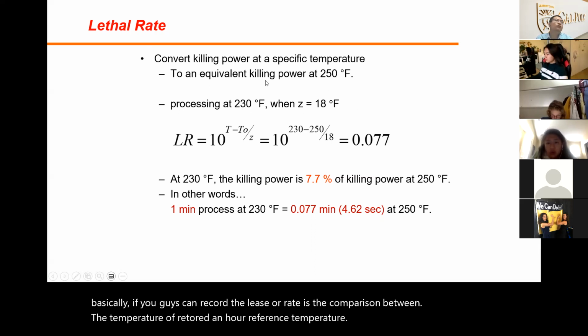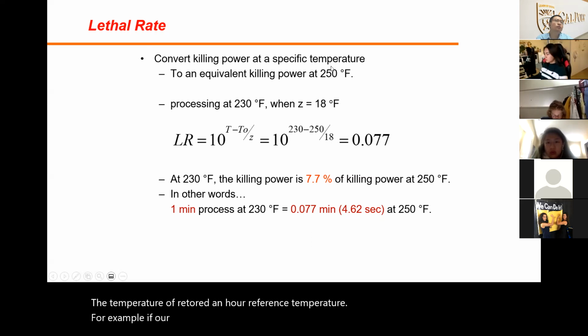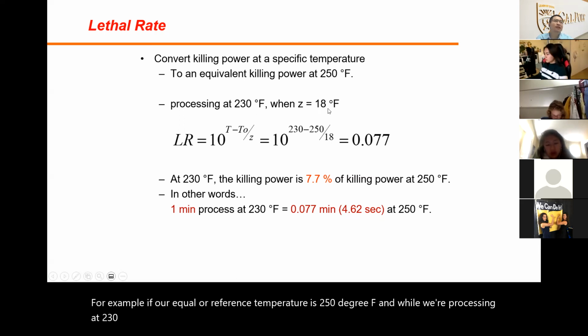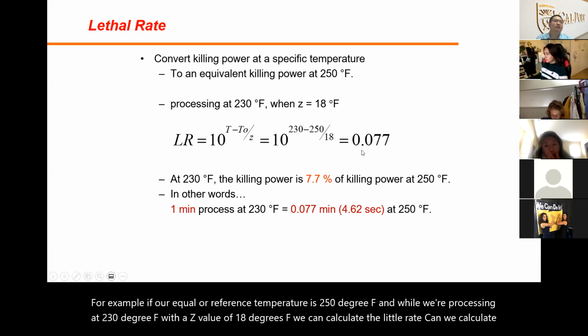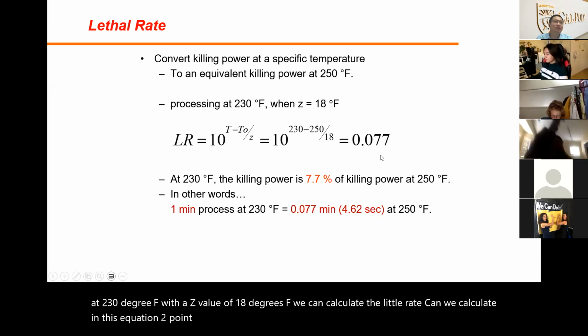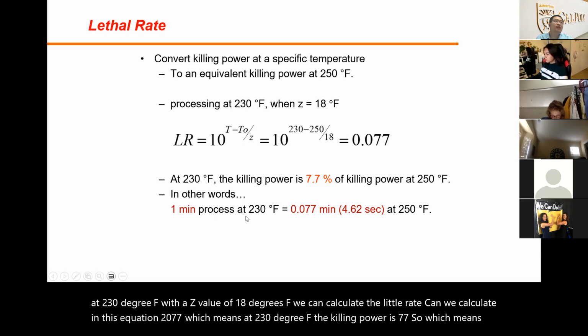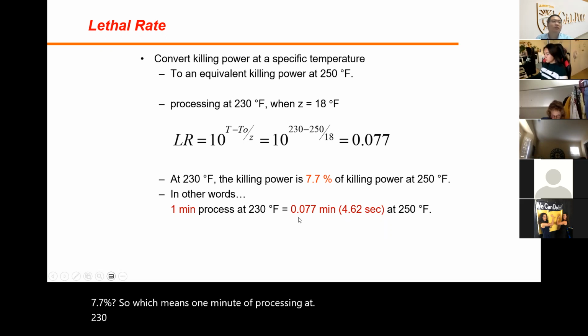For example, if our reference temperature is 250 degree F, and we are processing at 230 degree F with a Z value of 18 degree F, we can calculate the lethal rate in this equation to be 0.077, which means at 230 degree F, the killing power is 7.7%. Right? So, which means 1 minute of processing at 230 degree F will be equivalent to 0.077 minutes at 250.